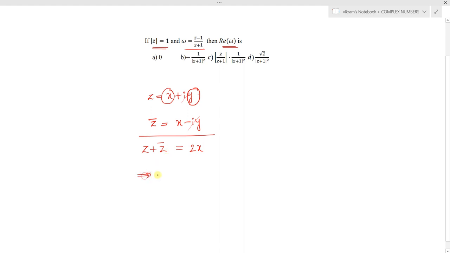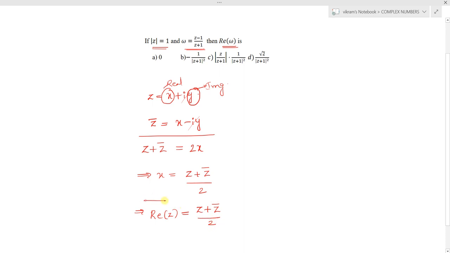From this, x can be written as (z plus z conjugate) by 2, where x is nothing but the real part of z. We know that x is the real part of z and y is the imaginary part of z. Then the real part of z can be written as the complex number plus its conjugate by 2.